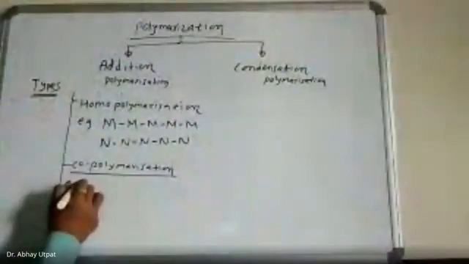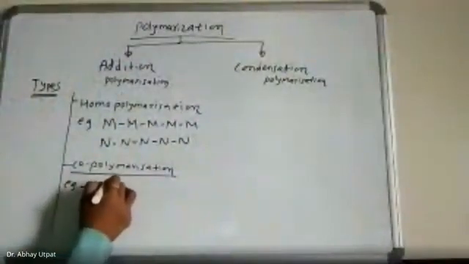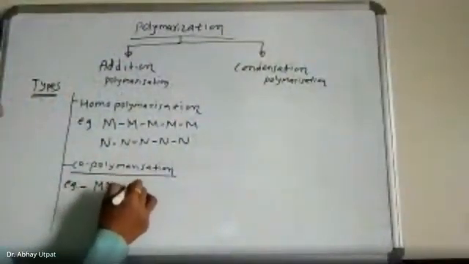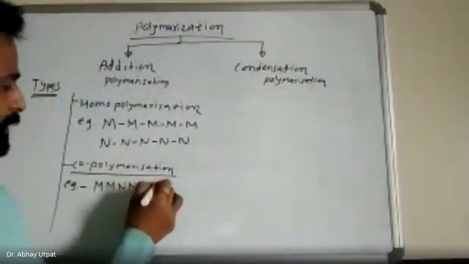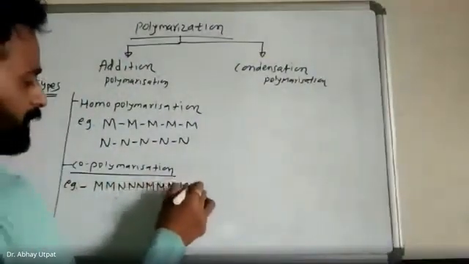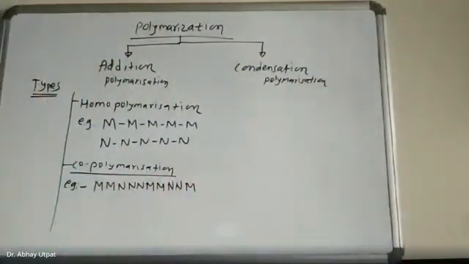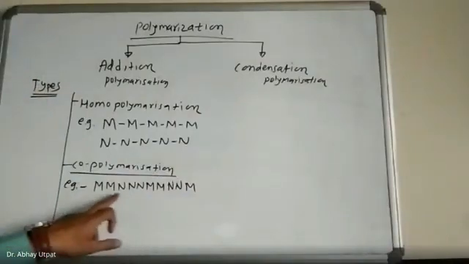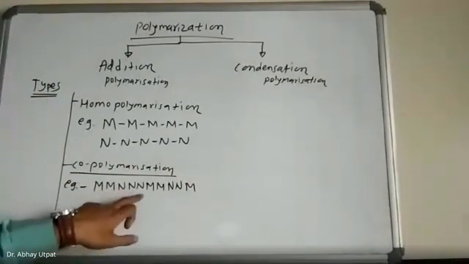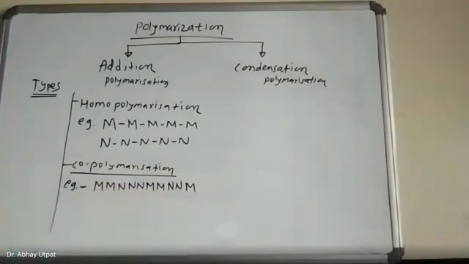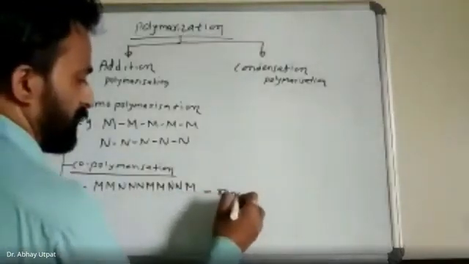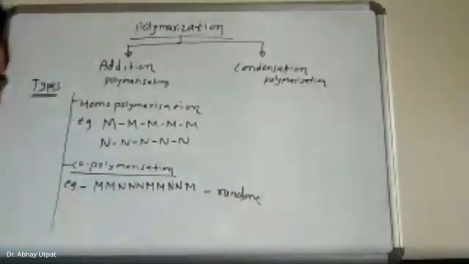Example, M, N, N, M, N, M. Formation of chain with two polymers. M, N, M. Now this is random. It may be alternative as well.